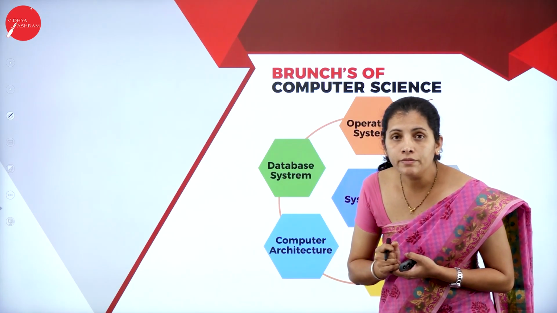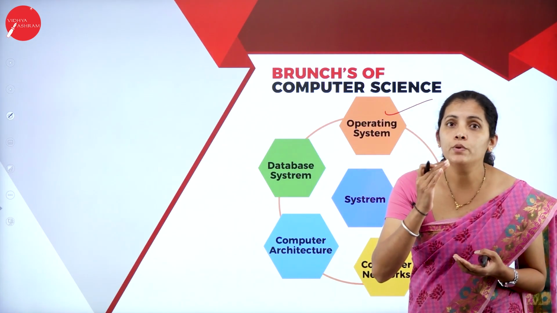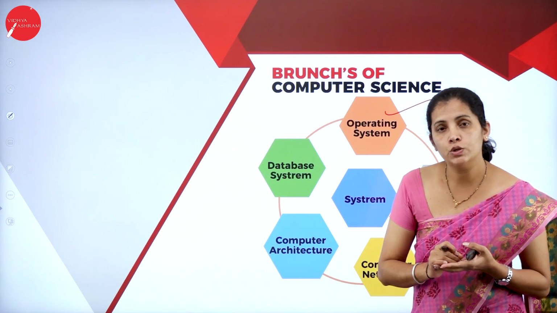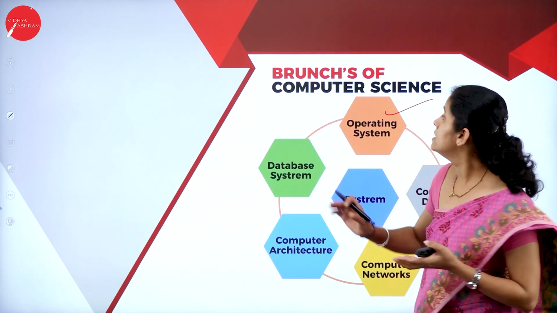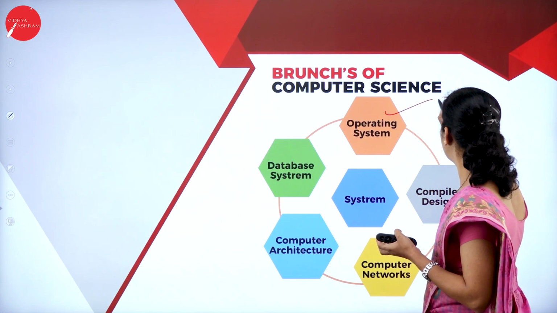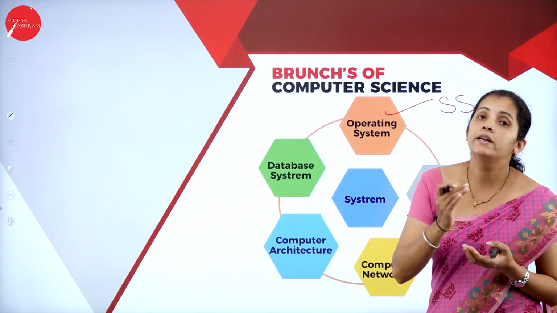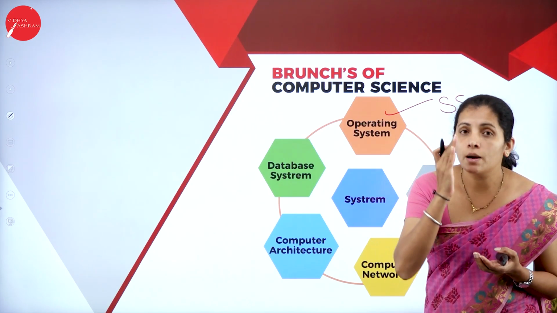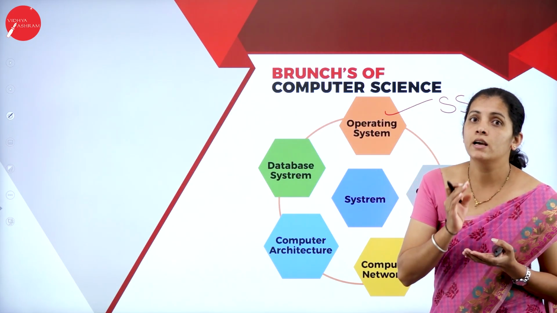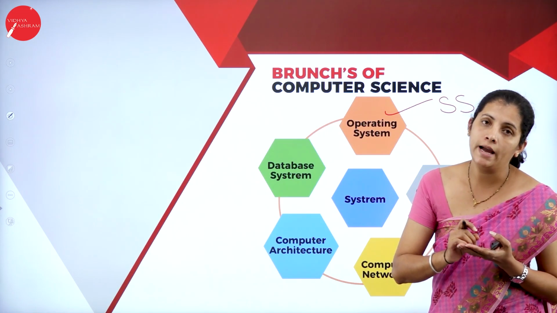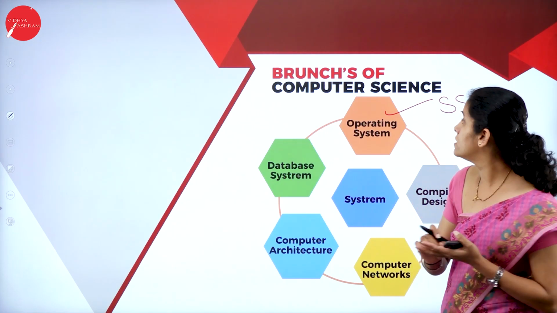It is an interface between computer hardware and user application. That means this is the best example of system software, and it provides the interface between the computer hardware and the computer application and computer user.